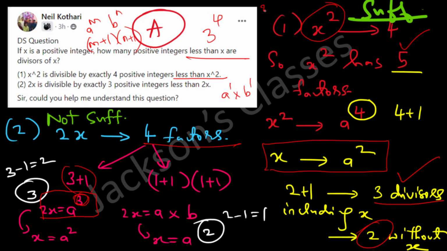If 2x is of the form a cube, and a is a prime number, because we have prime factorized, you cannot have for a another value other than 2, right? x has to be of the form a square itself. In fact x itself has to be equal to 2 squared, then only this would be possible. If x is equal to 3, for example, then 2 into 3 cannot be of the form a cube, where a is a prime number, right? So again, over here we are getting x is of the form a square, or x is equal to 2 squared. So that is one possibility.